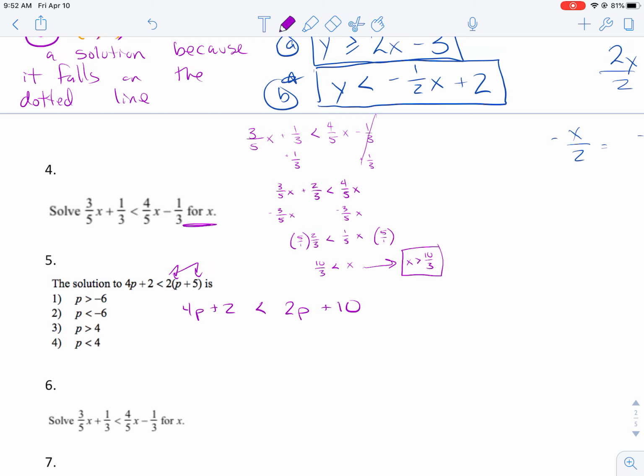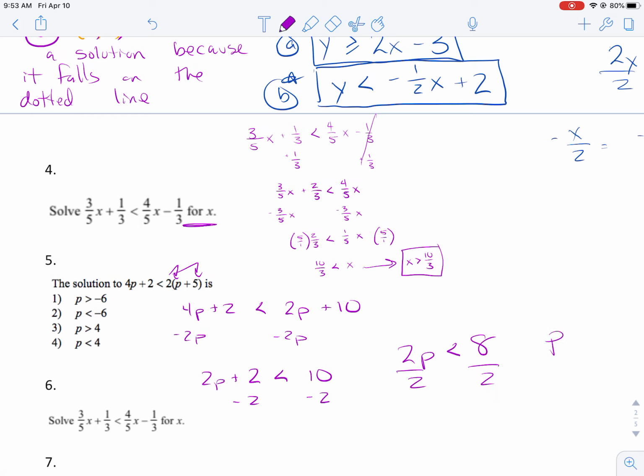In order to do that, I'm going to distribute that 2 in. So I'm going to have 4p plus 2 is less than 2p plus 10. Now we're just going to combine like terms. So minus 2p, you get 2p plus 2 is less than 10. Subtract 2. Oh, whoa, wrong 2.